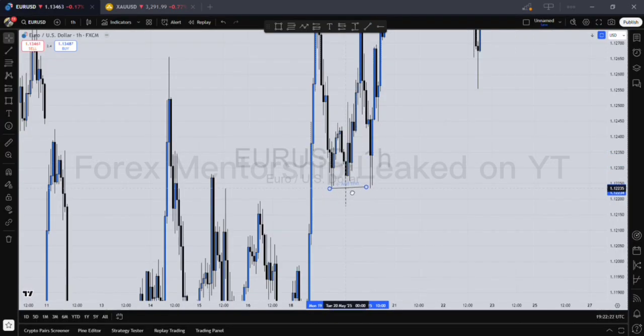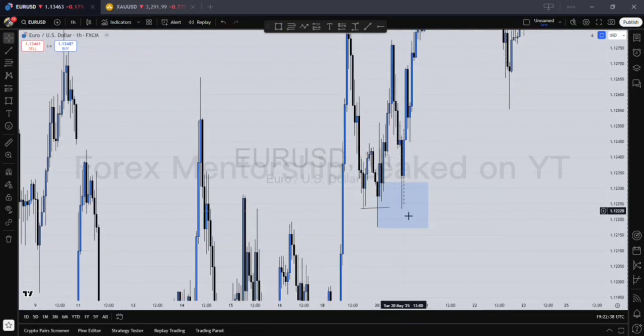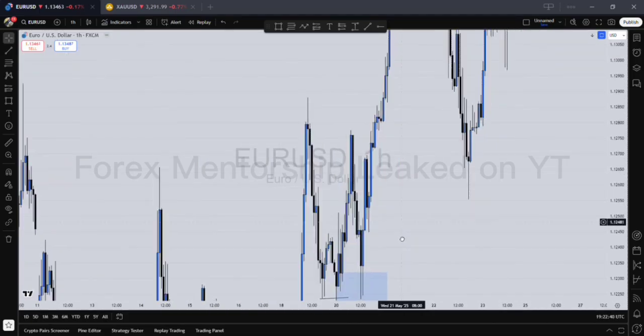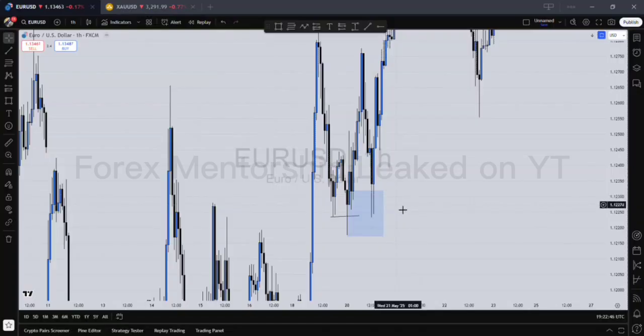Liquidity cleared by this candle. So that candle I cleared becomes my order block. So I can now wait for price to tap in, and then you can see the buy.